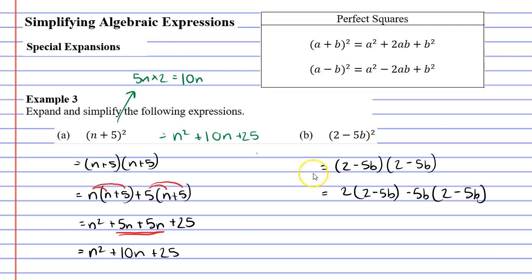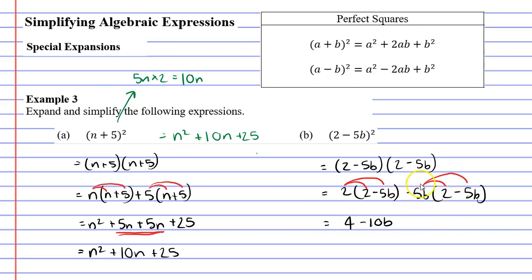I just want to remind you that this method I'm using was explained in more detail in the previous video. I now multiply whatever term is in front of the brackets by each term inside the brackets. So 2 times 2 is 4. Then 2 times negative 5b is negative 10b, or minus 10b.